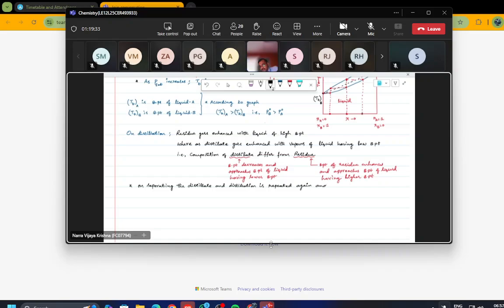It separates both the liquids from the given composition. Accepted or not, sir? Any questions in it?